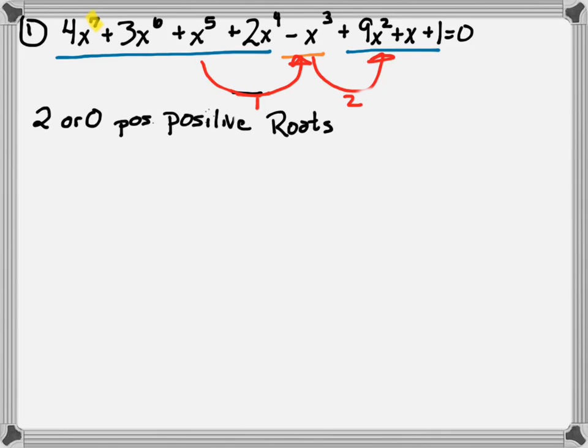Our possible negative roots, on the other hand, are based upon plugging in a negative x for every x.